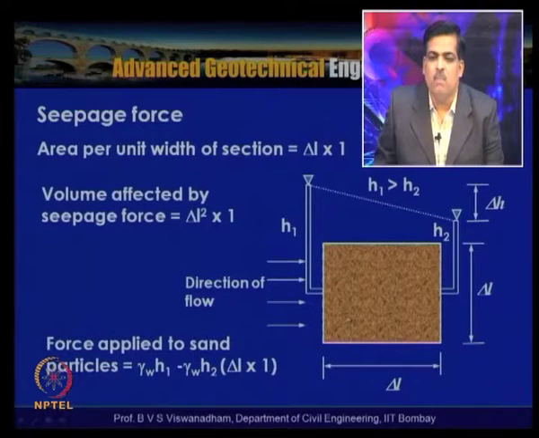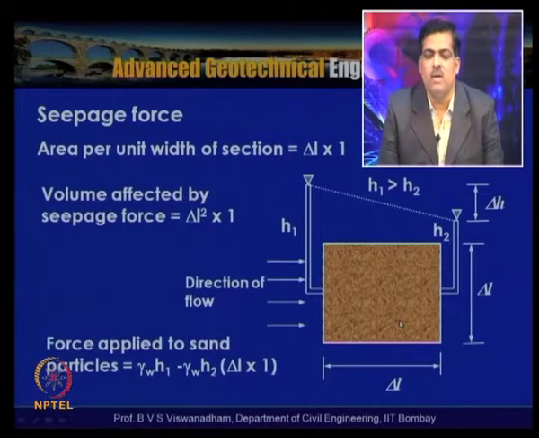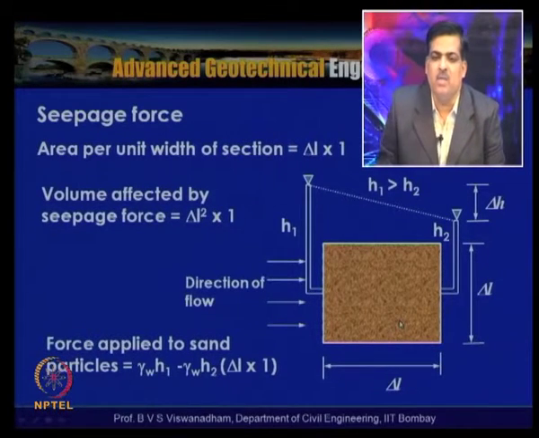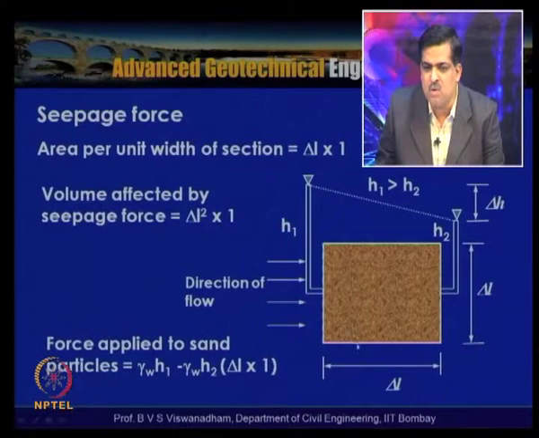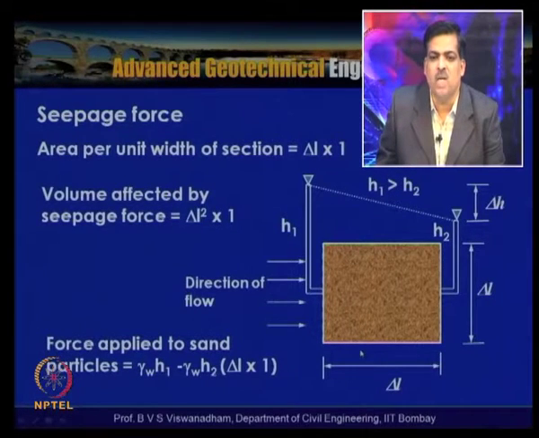Now, we write the expression for the force applied to sand particles as the difference of the force applied on the left hand side and the right hand side. From here to here there is a drop, and this is the direction of the flow. The distance between these 2 points is called the flow channel.